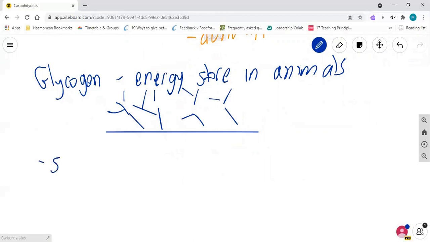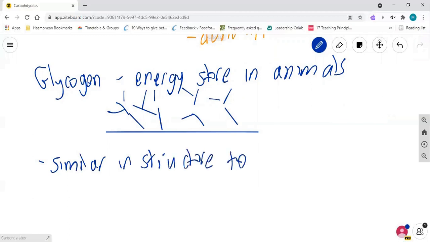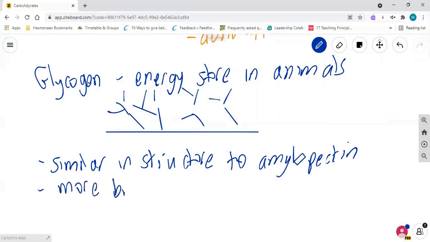Okay, so it's similar in structure to amylopectin. But crucially, it is more branched.